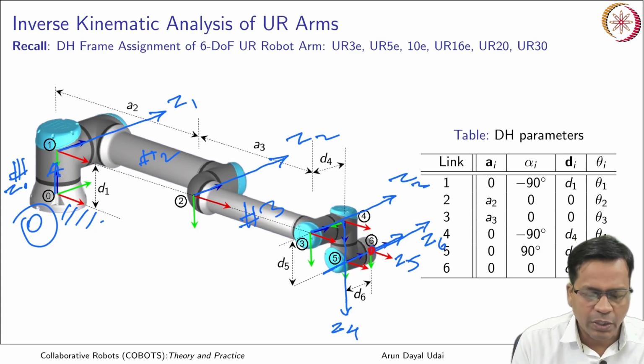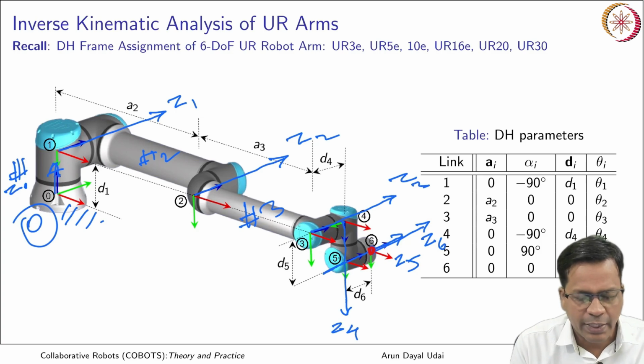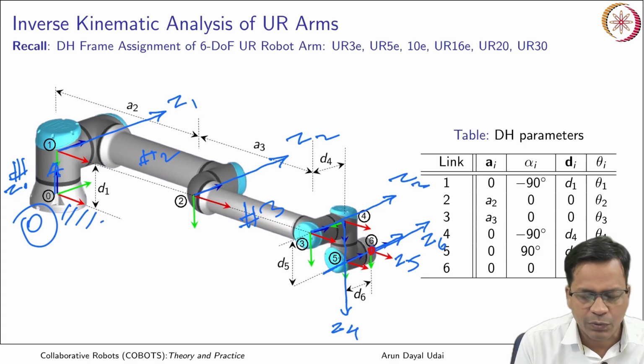Now the common normals to all the z axes are the x axes. For the ground frame, this is your x0. I have preferred putting the forward direction as the x axis here. By default UR arms have the reverse direction as the x axis, but I am not considering that here. I am preferring the forward direction as the x axis.